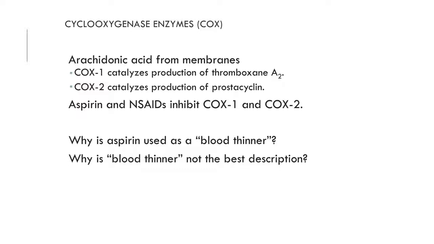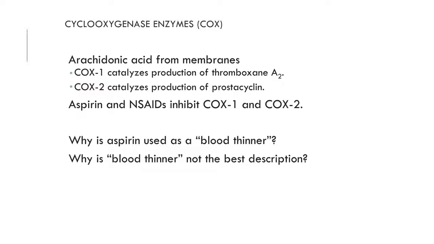But we often hear about aspirin and NSAIDs as being desirable things because they inhibit the COX-1 and COX-2 actions. So why is aspirin used as a blood thinner? Well, it's inhibiting the COX-1 and COX-2. Why is blood thinner not the best description?